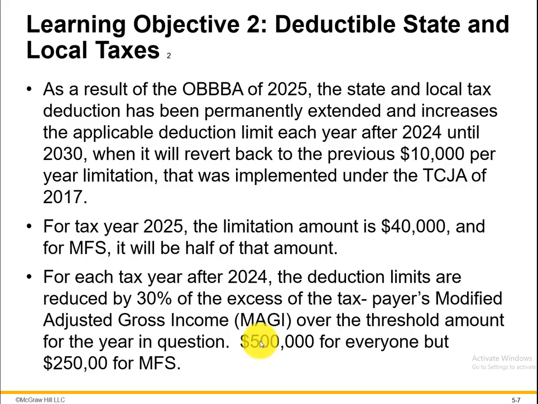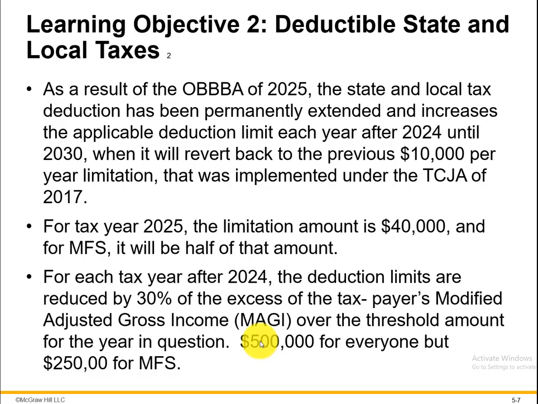Well, 2025's big beautiful bill raised that to $40,000 for everybody except married filing separately, which will be half of that. So that's going to be the rule through 2030. They didn't make it permanent. But even that, they wrote into it a reduction.